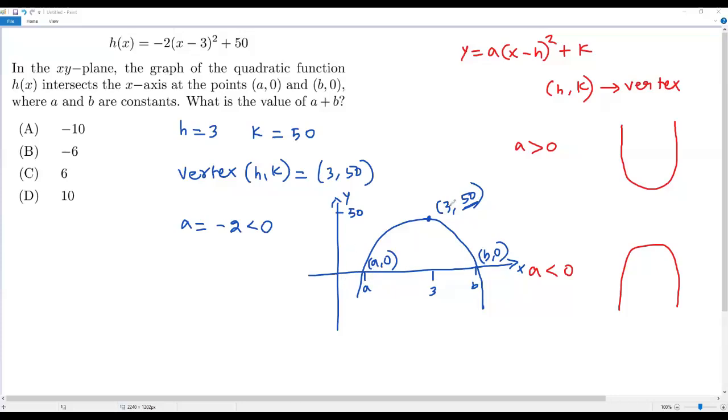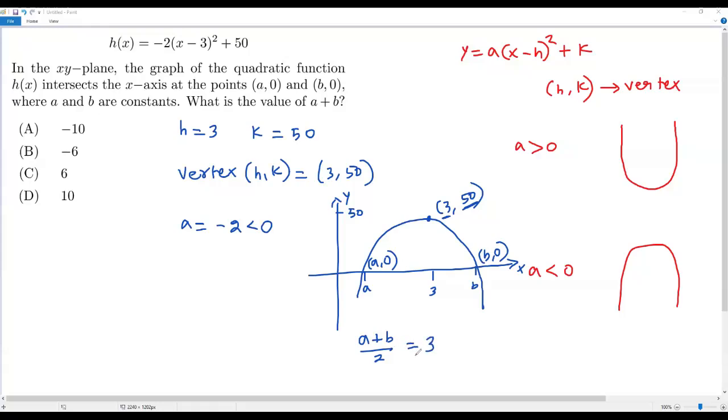Okay, now whenever we have a parabola like this, if I find the average of the x coordinates of the x-intercepts, it must be equal to the x coordinate of the vertex. So here I'm going to find the average of the two x coordinates at the x-intercepts. To get the average of a and b, I need to add a and b and divide by 2. So this average must be equal to the x coordinate of the vertex, that is 3.